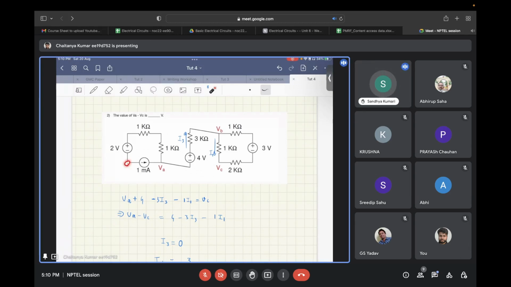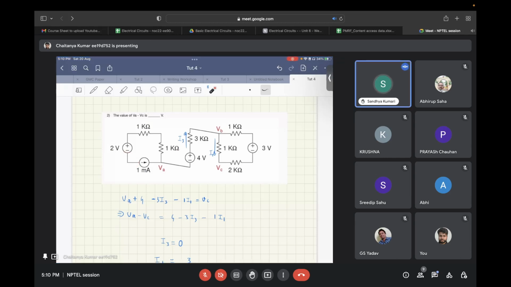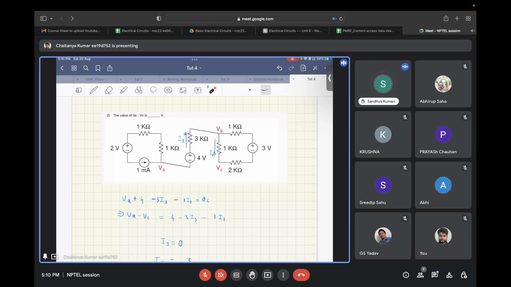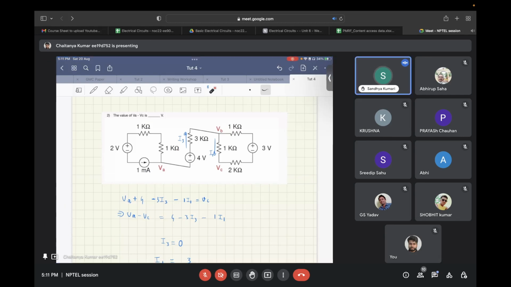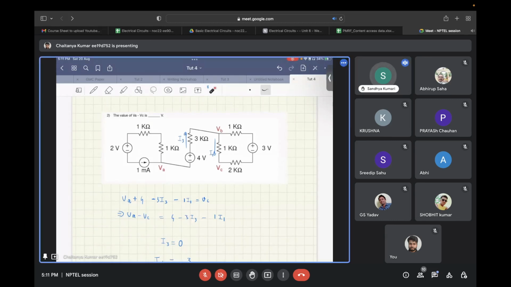Let's say I give this particular node as the reference node. After that, you can say with respect to that reference node whether a branch is positive or negative. However, if the reference node is not given, then you can't find the polarity of voltages of individual nodes. So how can we find whether VA, VB, and VC are positive or negative?